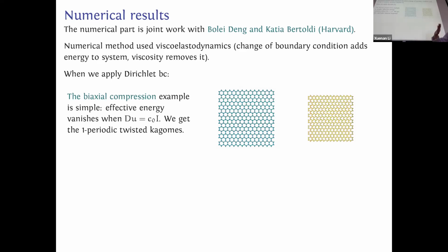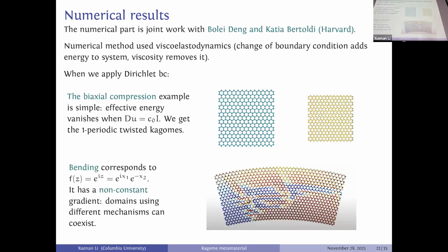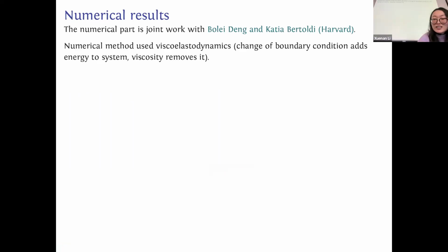If we compress the top and bottom and left and right, it's going to deform isotropically like this, which is kind of like a one periodic mechanism. But if we constrain the boundary with an affine deformation, you no longer see the deformations I showed you before.